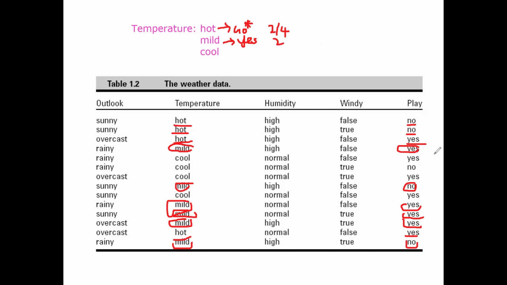Again, 2 divided by 6. So this is 2 divided by 6. If it is cool, let's say yes, no, yes, cool, yes. So cool again, we have 3 yeses and 1 no. So 1 divided by 5.